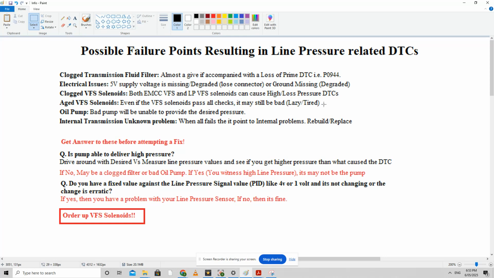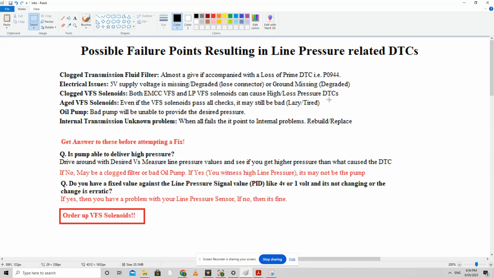There are a few tests that I will show you to make sure that they are good enough. But even if it passes all those tests, I would still recommend that you go ahead and change these VFS solenoids, because if they're lazy or tired, you cannot measure it. It's not measurable. Only the PCM can measure the impact.